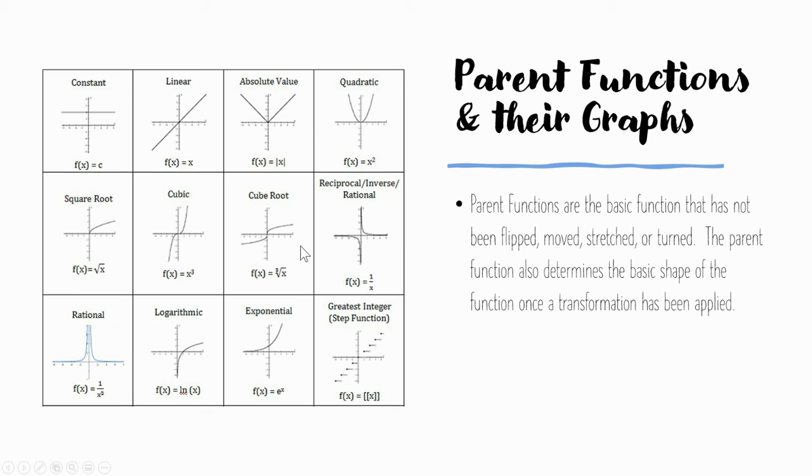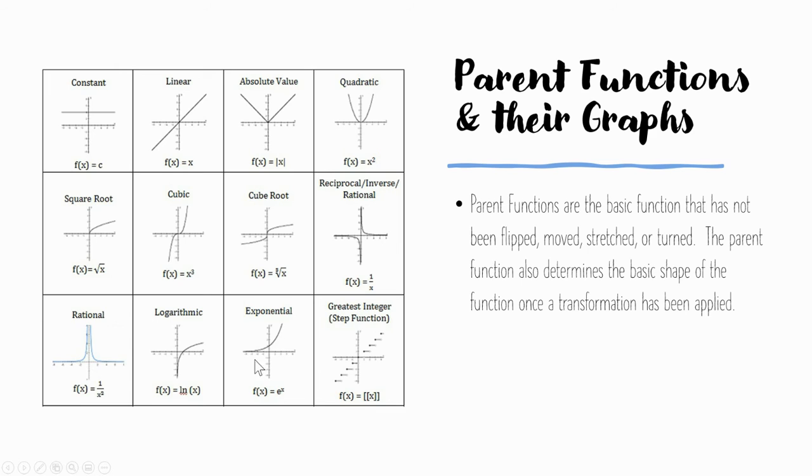One thing I want you to notice about a lot of your parent functions, not all of them, is that they interact with the origin, just about all of them, except for your logarithmic and your exponential. Your greatest integer one does, it's right there. Same thing with your rationals.